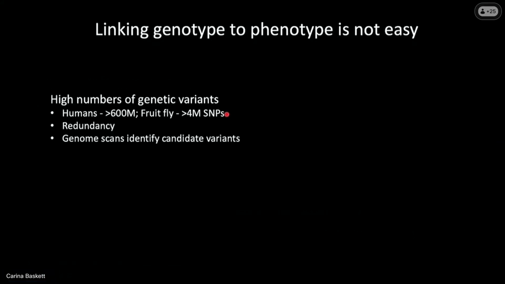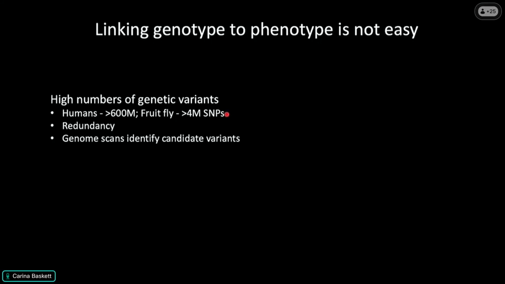So another problem is that if we think about genetic variants, there are just so many of them that it can be daunting to start investigating. If we think about SNPs, single nucleotide polymorphisms, it has been described that over 600 million SNPs have been recorded in human populations.